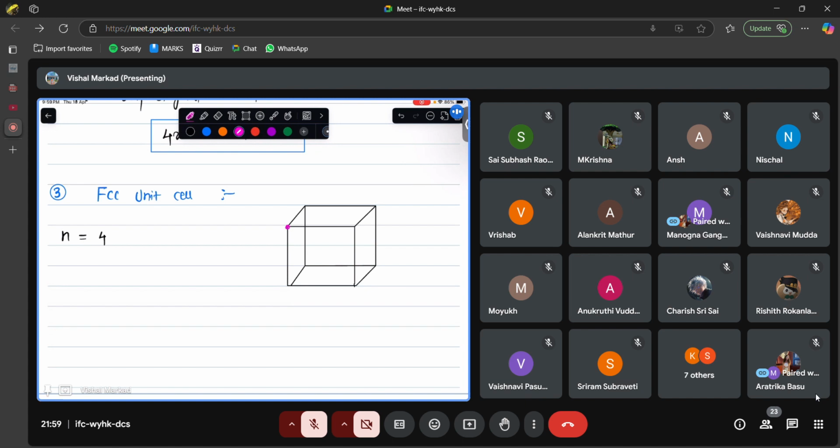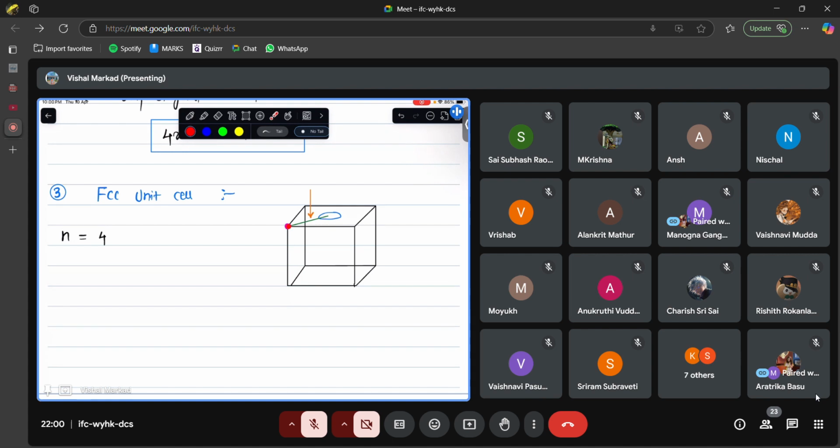Okay. Now look at here. We'll consider with respect to this pink one. Okay, face will be here, right? Half inside, half outside. Okay, can you tell me what will be the distance between this one? What will be the distance? a by root 2.